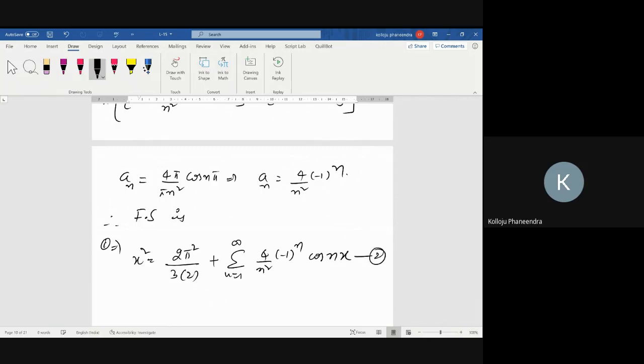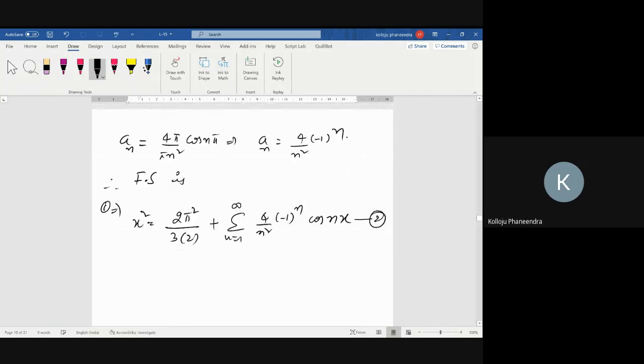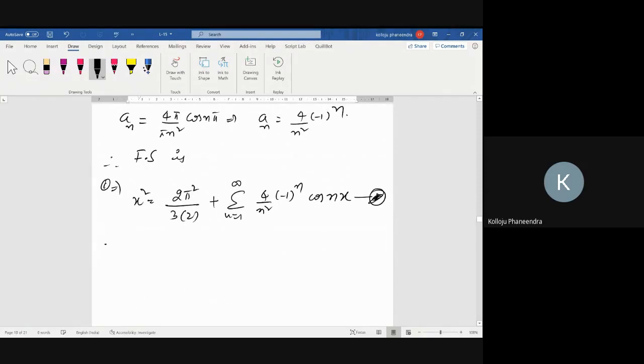Let me simplify. This implies x square equals pi square by 3 plus 4 into sigma cos nx by n square, minus 1 whole power n, n is from 1 to infinity. This is equation 2. Fourier series is finished.